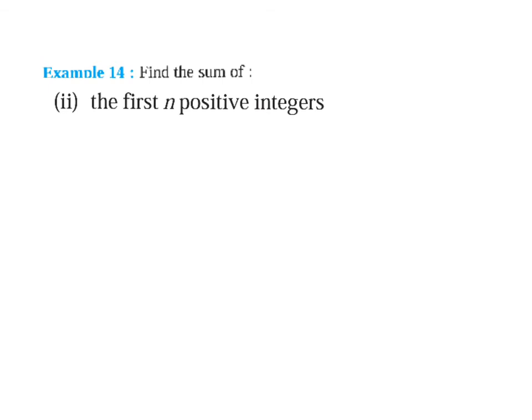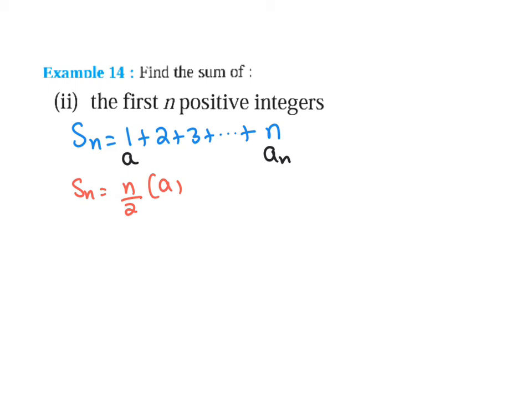Let's try this. Find the sum of the first n positive integers. So let Sn be equal to 1 plus 2 plus 3 plus on till plus n. So we know the first term, which is a, and the nth term is n. We can substitute in the formula. What is the formula? n over 2 times a plus an.